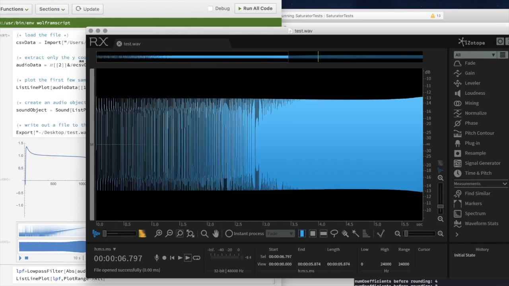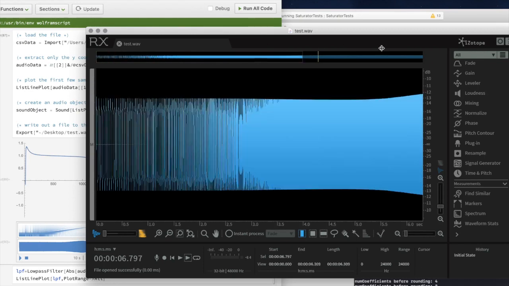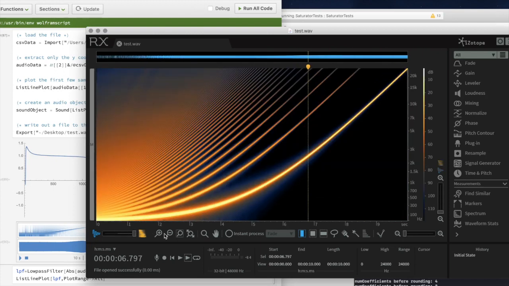So this is really important, it turns out, in terms of determining how to apply distortion to an audio signal without aliasing. It turns out that you can't apply the distortion so heavily on the high frequencies as you do on the low frequencies. You can see that in the frequency domain too.